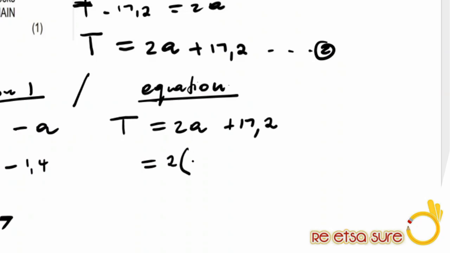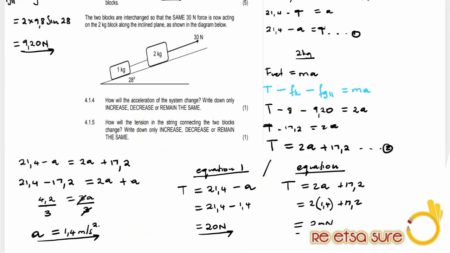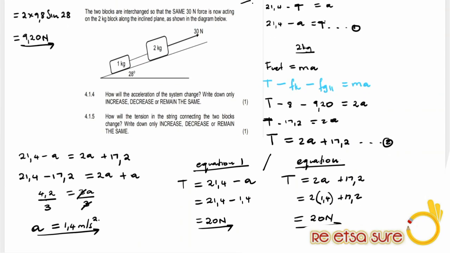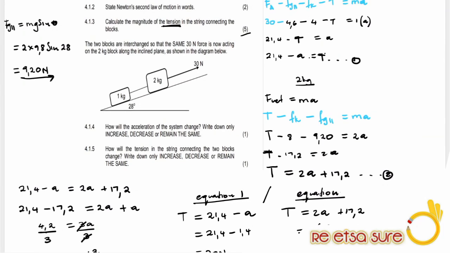The value of a is 1,4, plus 17,2. If I now press my calculator, the value that I get there is still the same, 20 N. So my beautiful learners, this is question 4.1.3 for 5 marks. This is the procedure that you must follow in order to get 5 marks.